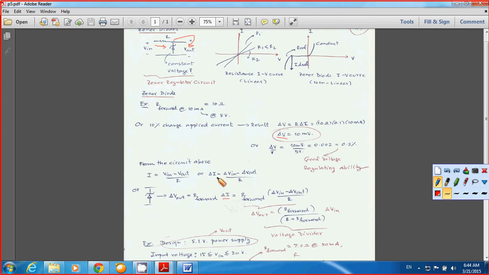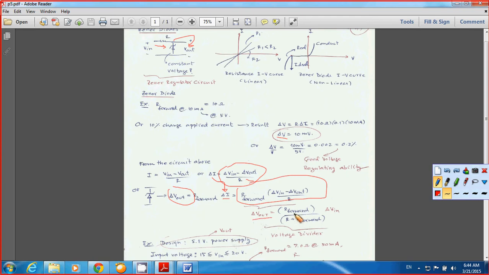Now what is your delta I? This is your delta I. So you substitute this into delta I. So you have R forward multiplied by delta V in minus delta V out over R. Okay, and then you rearrange this term just to have V out.